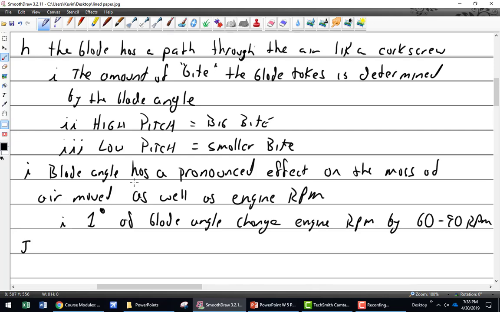Let's see. The reason why blades have pitch distribution in many different airfoils is because the blades move in multiple dimensions. It's a lot to write, but I think we'll do that.